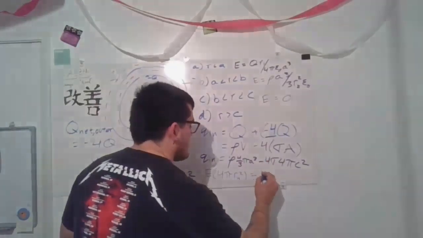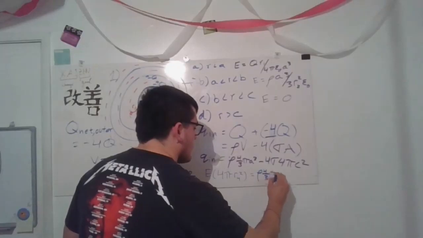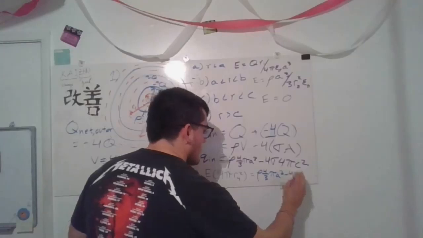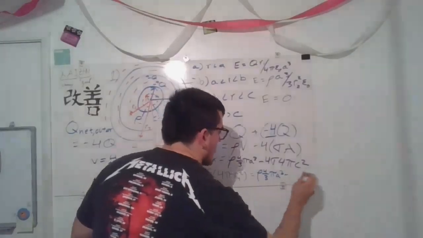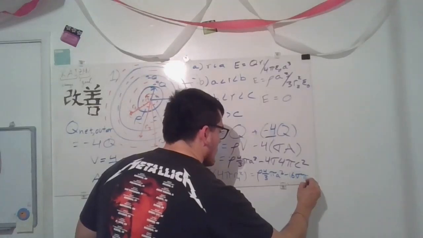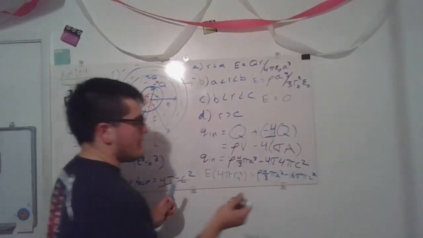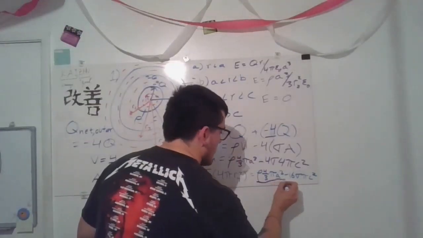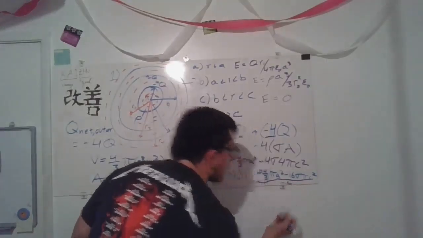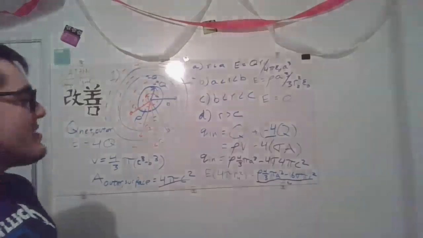So I'll go ahead and write it out. And I may not forget, this is all divided by epsilon naught. Right at the bottom there, there's epsilon naught.